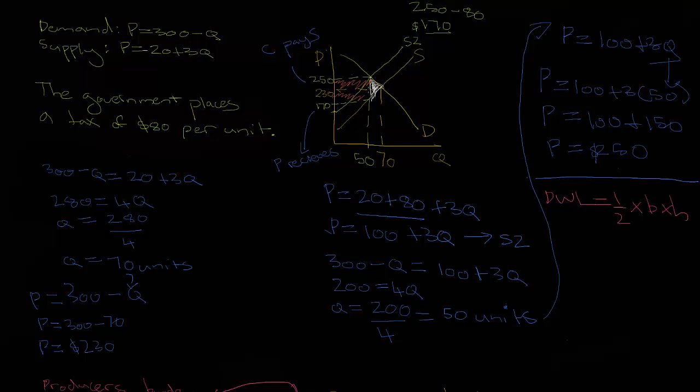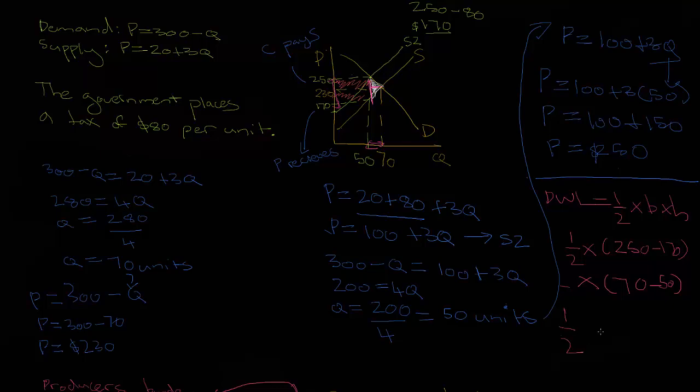Let's call that the base and let's call that the height. So the equation will go half times the base, which is equal to that length there, 250 minus 170, times the height, which is that length there, 70 minus 50.